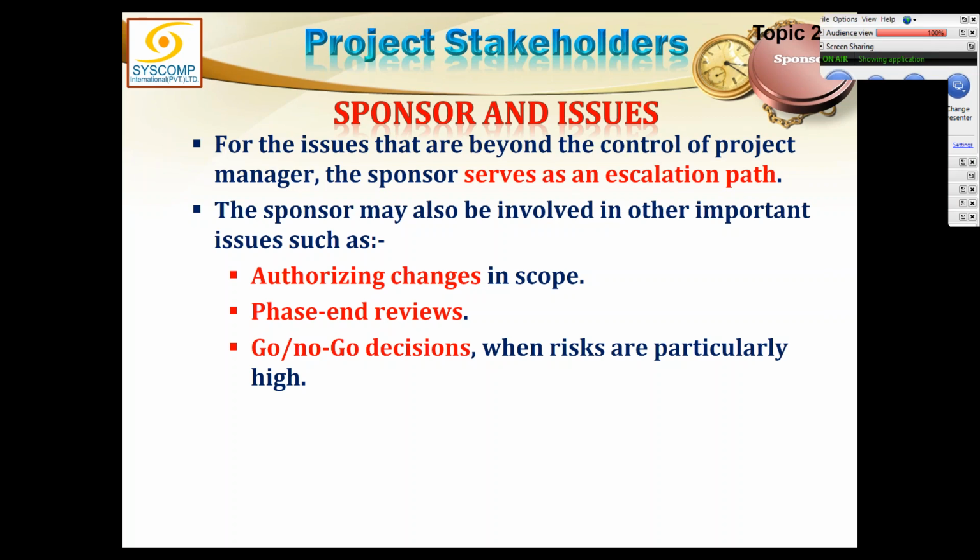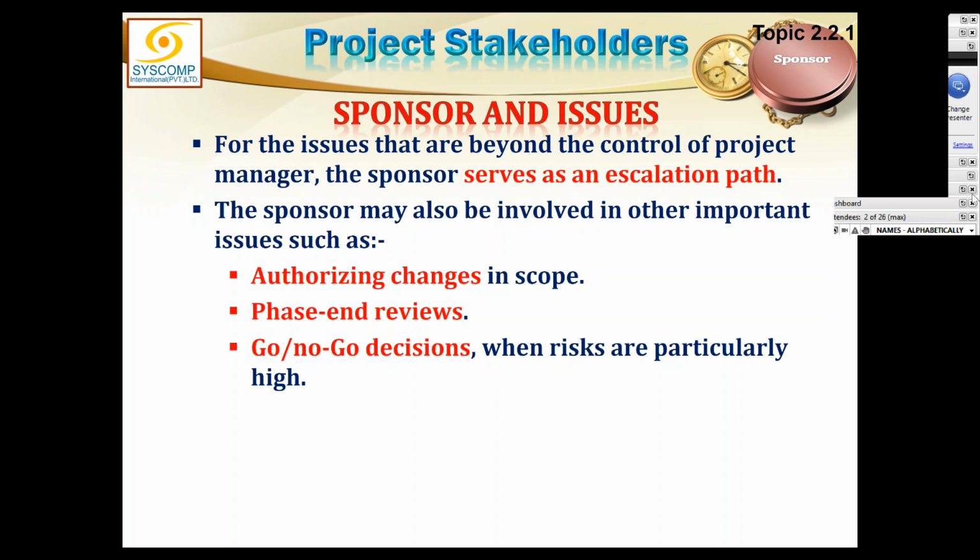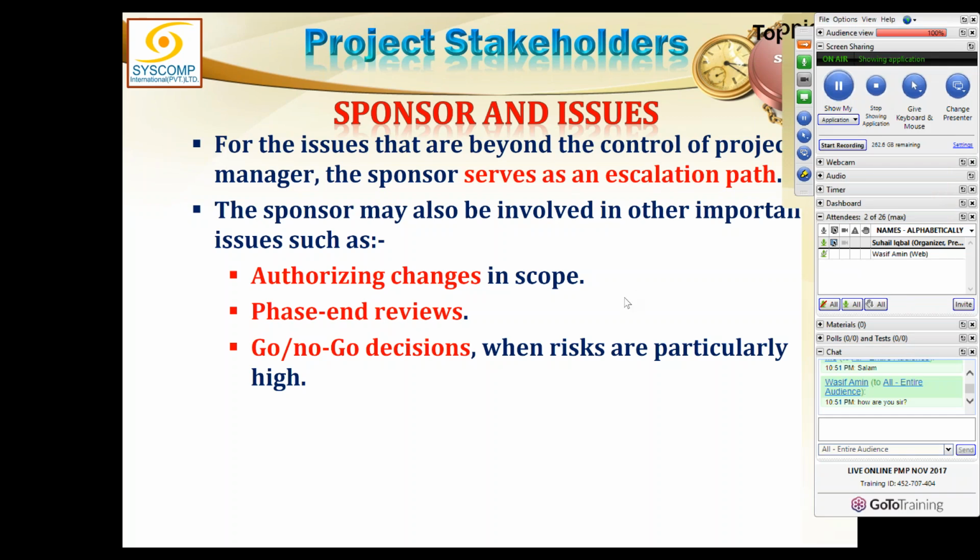That means it is the project sponsor who may allow you to move ahead towards the next phase, or not to go ahead. So the project sponsor has the authority to even kill the project at the end of one phase, and he may stop the project from proceeding ahead, no matter whether the project is doing well or not.